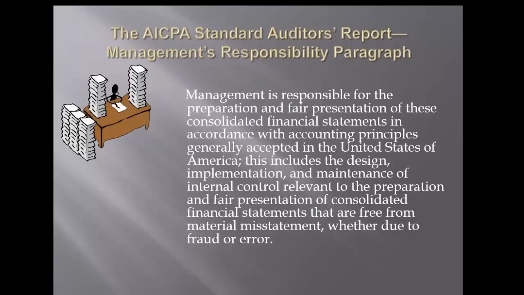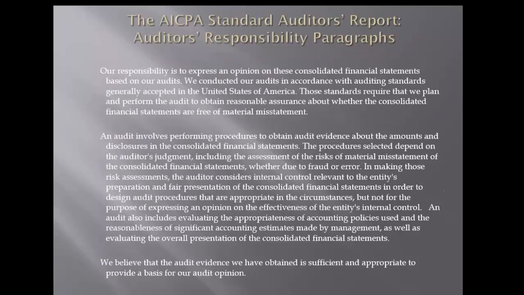The audit report explicitly states what management is responsible for. Management is responsible for the preparation and fair presentation of these consolidated financial statements in accordance with U.S. GAAP. And they are presenting these financial statements with the idea that they are free of material misstatement.